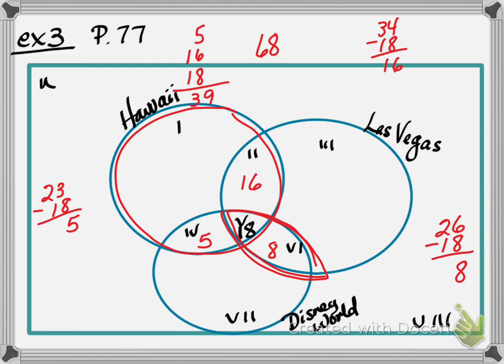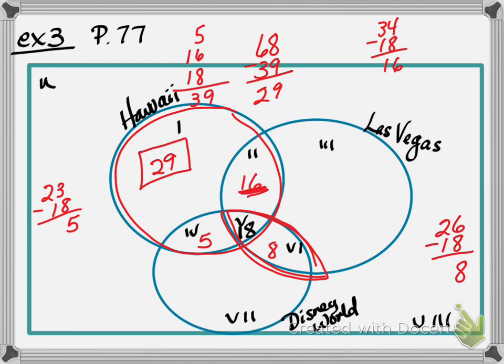So we already have 39 people that we know of. We need to subtract that from 68 to see who else is in just the Hawaii circle. 68 minus 39 is 29. So that means there were 29 people that weren't interested in other trips. They just want to go to Hawaii.